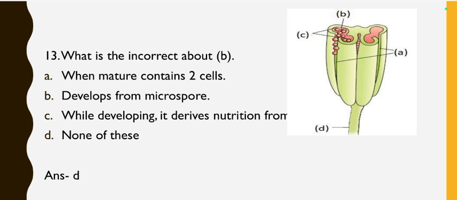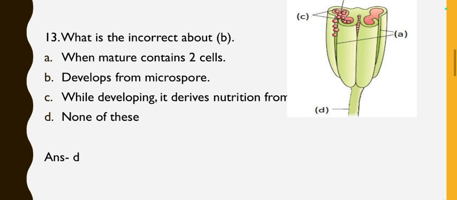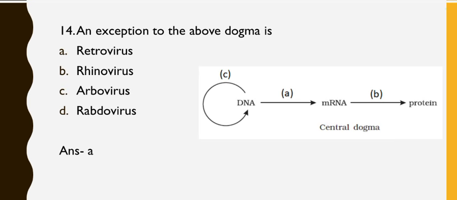What is incorrect about B? In the figure of anther, the labeling B is incorrect while developing, none of this. An exception to the above central dogma diagram is that it is not for retrovirus.